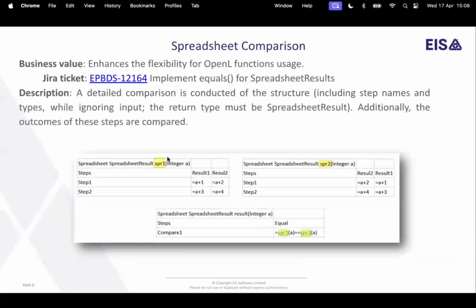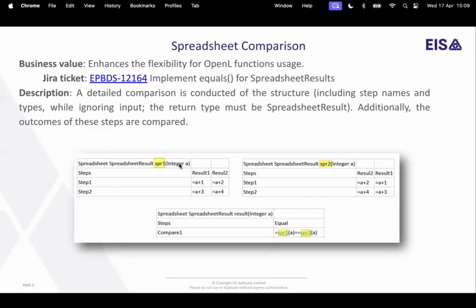Okay, one more feature that was introduced for the spreadsheets as well is spreadsheet comparison. It was introduced to make the OpenL functions more flexible. So now you can compare the spreadsheets themselves. You can take two different spreadsheets and then write spreadsheet 1 equals spreadsheet 2, and the step names, the types of the steps, and the results will be compared.